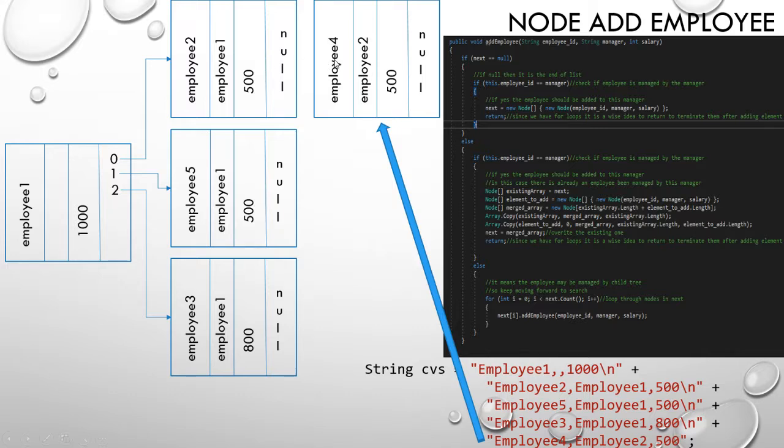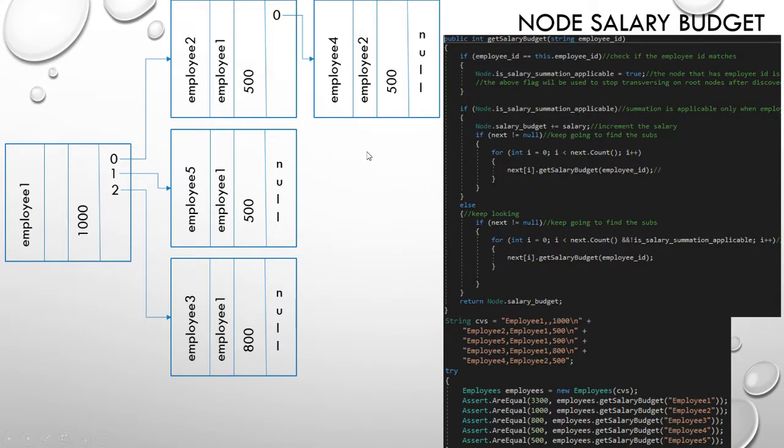So if it is true and this one is null, we are now going to create an array of nodes to put our node inside, then assign it to the null part. So we have put our array, then we have assigned it to the null part, like that.